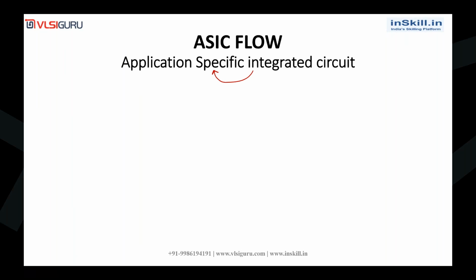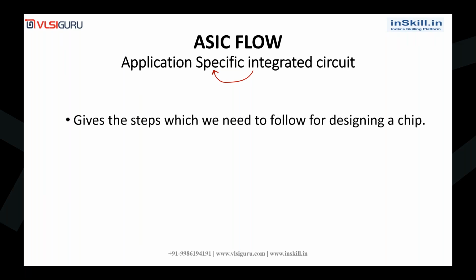For example, if we are designing a modem chip, it cannot be used as a chip which is responsible for deployment of airbag in the automobile. So that is what is called as application specific integrated circuit. The IC which we are designing will be specific to a particular application.